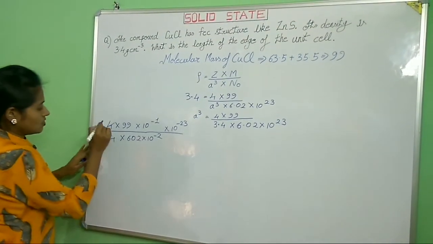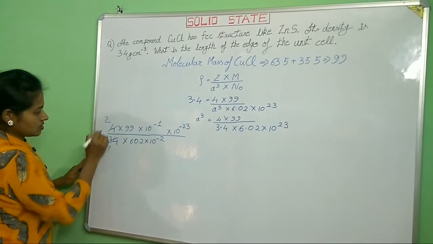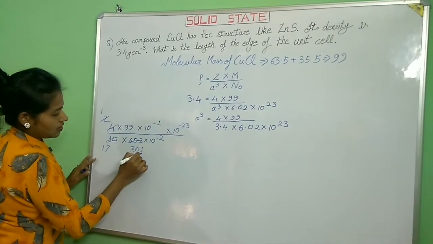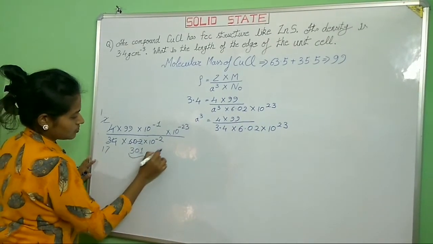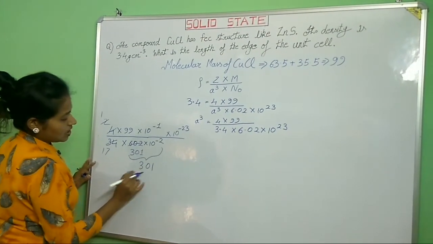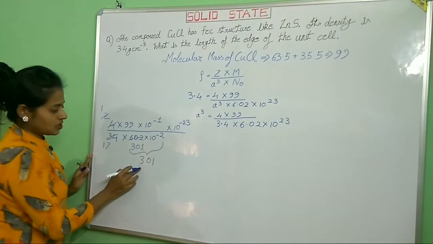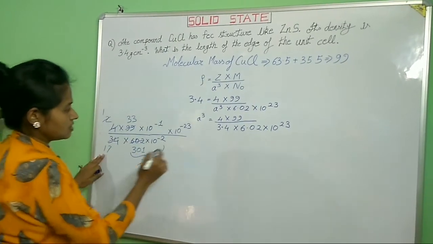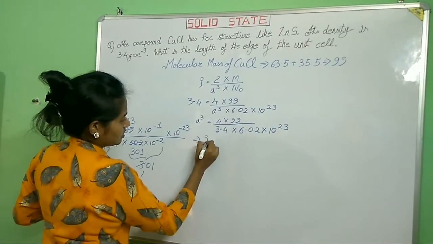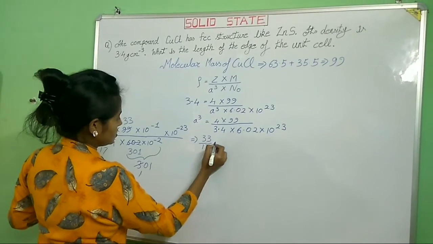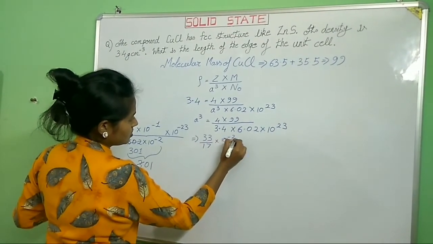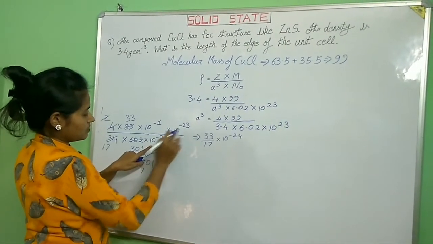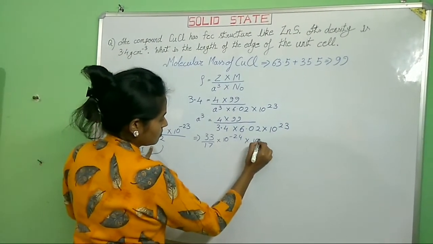Now 2 2s are 4, 17, 2 1s are 2, this is 301. 301 into 10 to the minus 2 is almost equal to 3.01. 3.01 can also be taken as 3. So 3 1s are 3 and it is 33. So the answer comes as 33 by 17 into 10 to the power minus 24 divided into 10, this will go up and into 10 to the power 2.